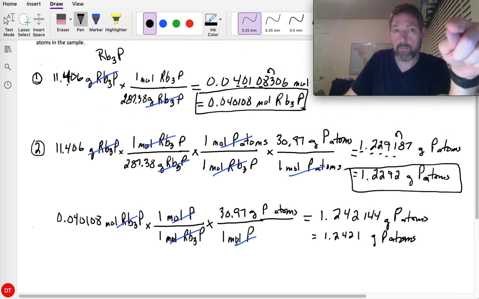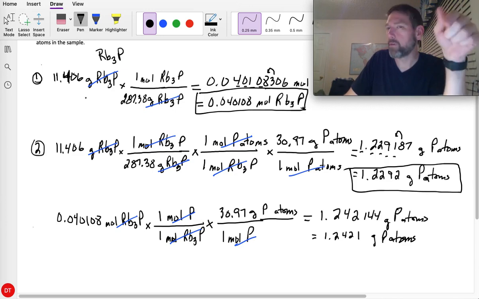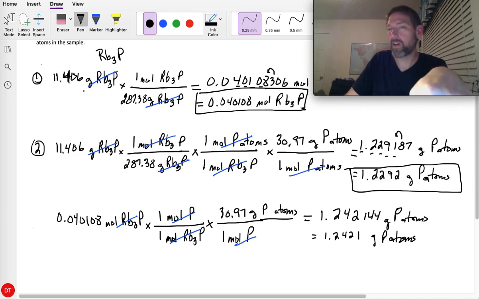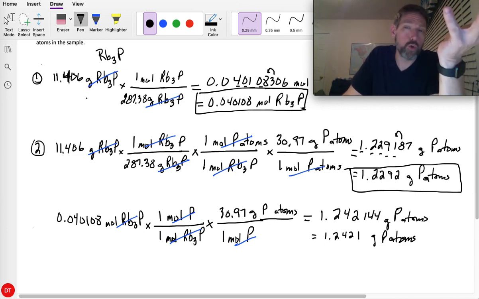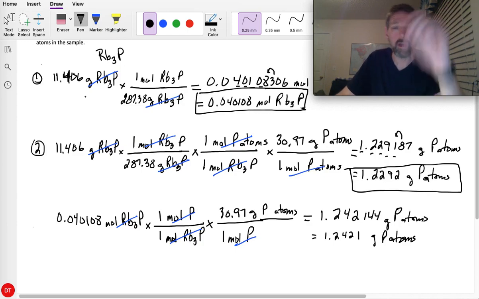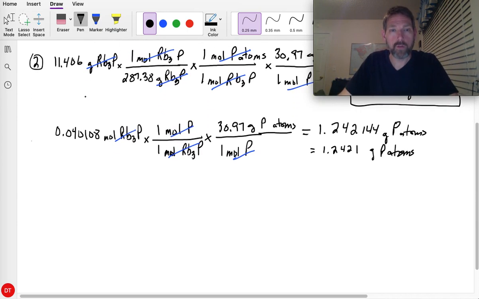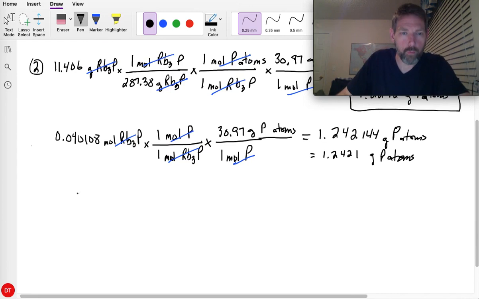and figure out the mass of rubidium in this 11.406 gram sample, to find out if those two numbers, even though they're very close, if one of them is just too high, it's just not appropriate, right? So let's figure out the mass of the rubidium in this sample. This is how we can check our work. 11.406 grams of rubidium phosphide.